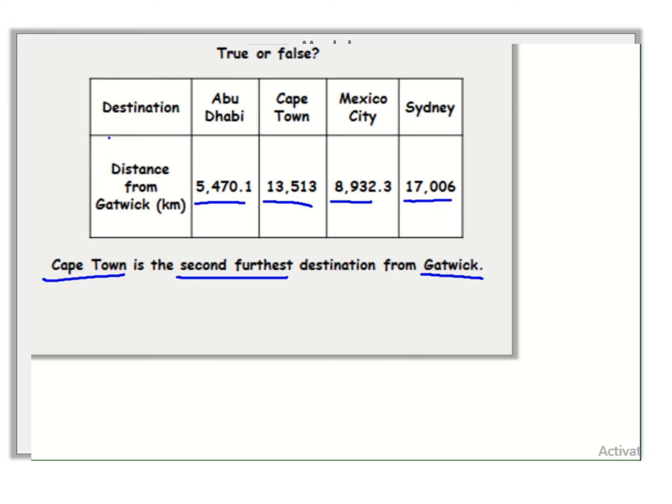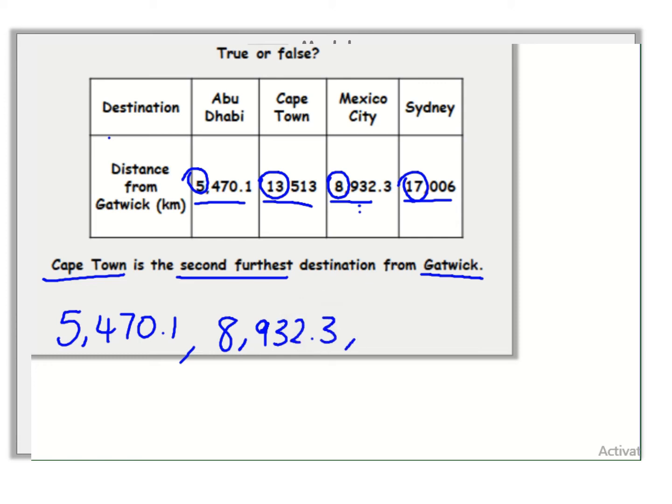Because they're all different numbers of thousands, we just need to put the thousands number for this one, and we can see that 5,470 is first, then Mexico City, so then that one, and that one, 13 or 17, so I know 13 is smaller than 17, and then 17,006 is the largest one.